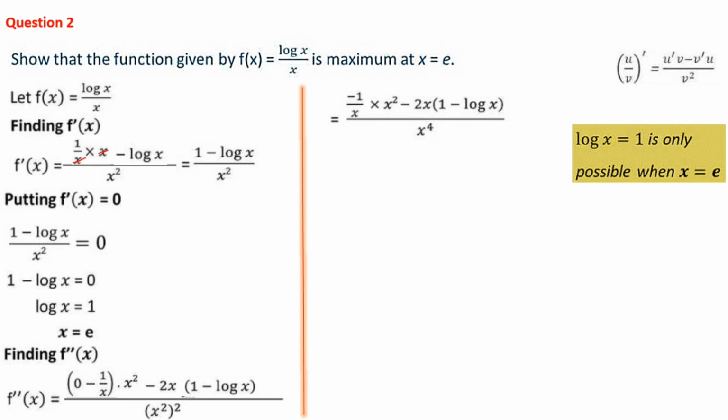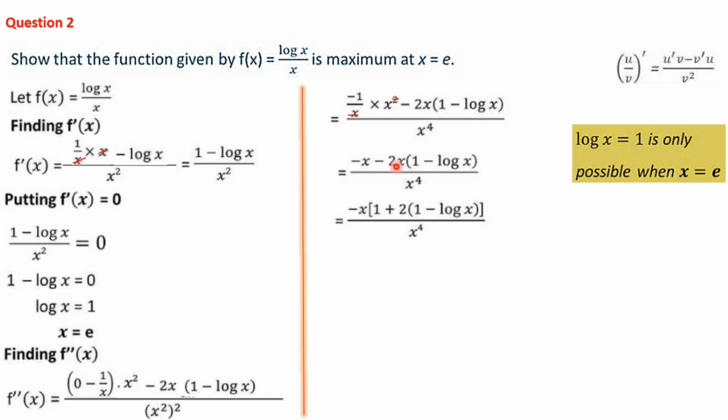Then calculation: 0 minus 1 by x is minus 1 by x into x square, minus 2x into 1 minus log x, by x power 4. There is x and x square we can cancel, so 1 x is balanced in the numerator. So it will be minus 1 into x is minus x, minus 2x into 1 minus log x, by x power 4. Then minus x we can take common.